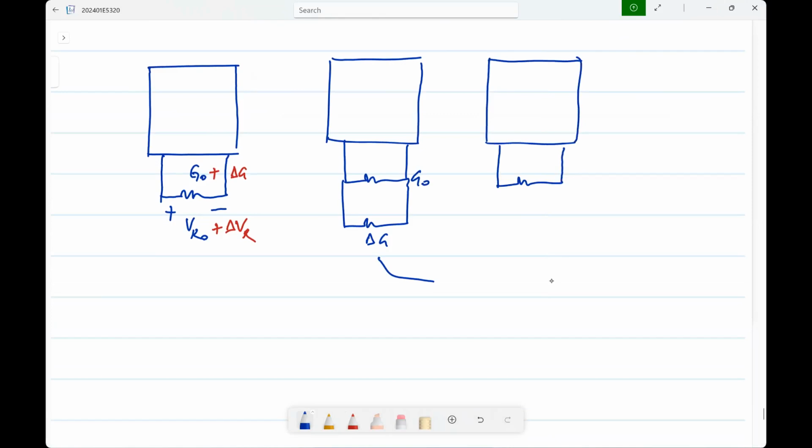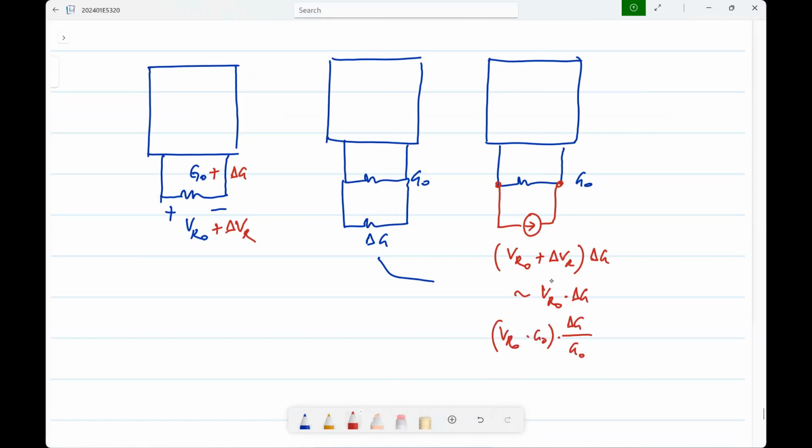A current source. So I'll have G naught and I'll have this additional current source, which is VR naught plus delta VR times delta G, which is approximately VR naught times delta G, which again can be written as VR naught times G naught times delta G by G naught.